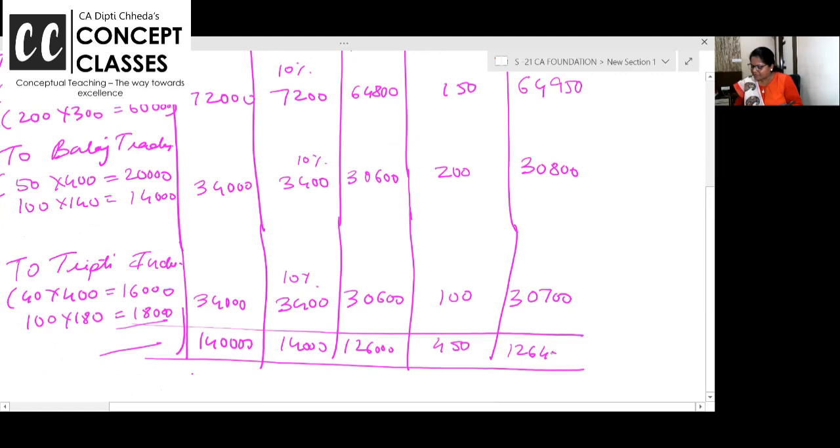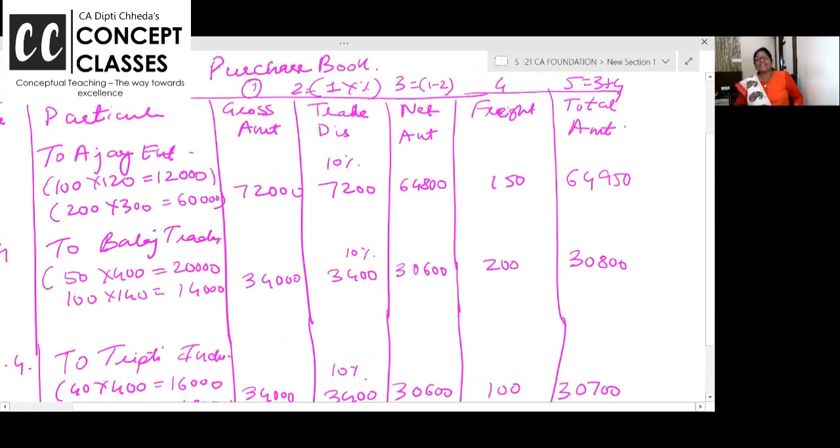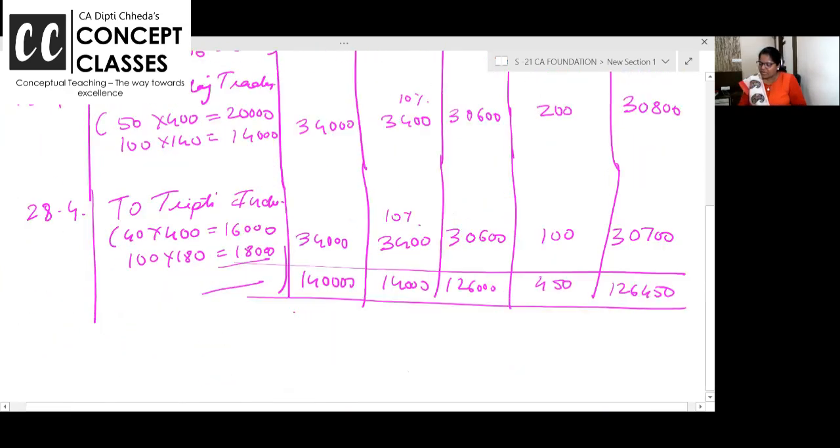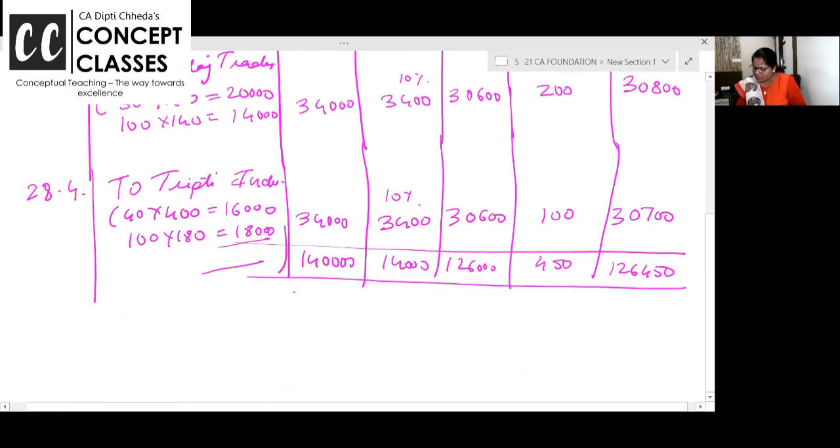450. Why do I need totals? Because when I have purchased goods on credit basis from different parties, the parties will be credited individually, but the purchase account I can debit directly with which amount?